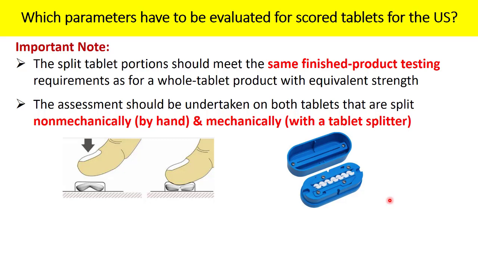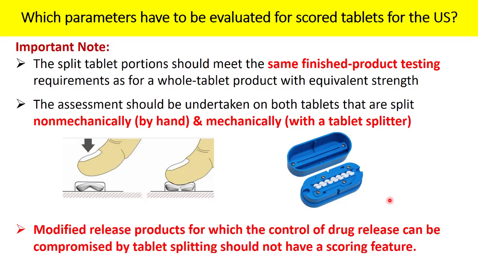Someone can use the hand for splitting the tablet, or someone can use a tablet splitter, which is unknown to the manufacturer. So the manufacturer should assess tablet splitting both ways, by splitting with the hand and by splitting with the help of a tablet splitter.